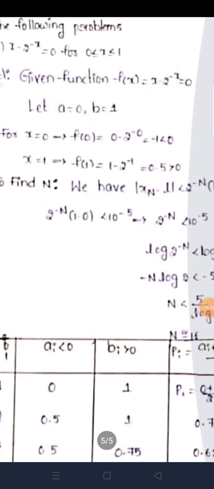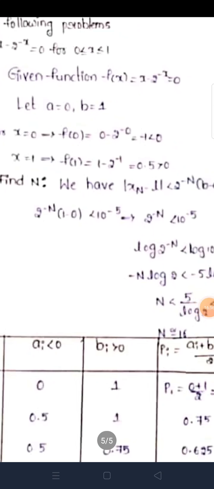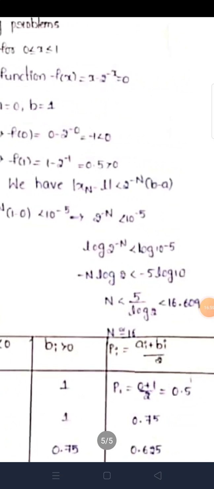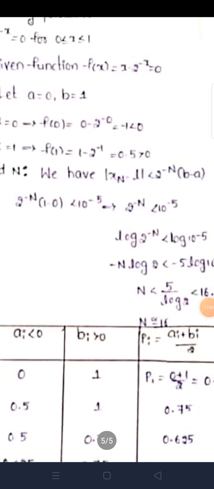To find capital N, we have mod xn minus l less than 2 power minus n into b minus a, that is 2 power minus n into b1 minus a0, which is 2 power minus n into 1 minus 0, less than 10 power minus 5. This implies 2 power minus n less than 10 power minus 5. Apply log on both sides.